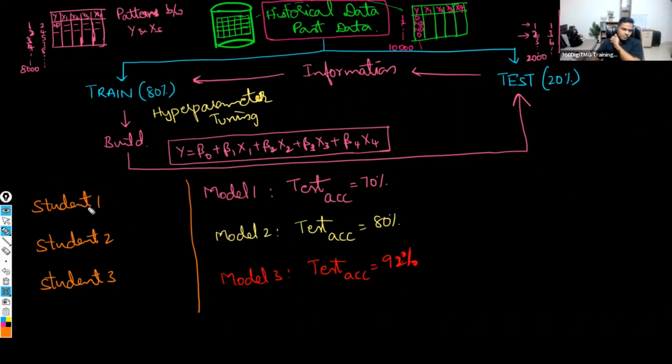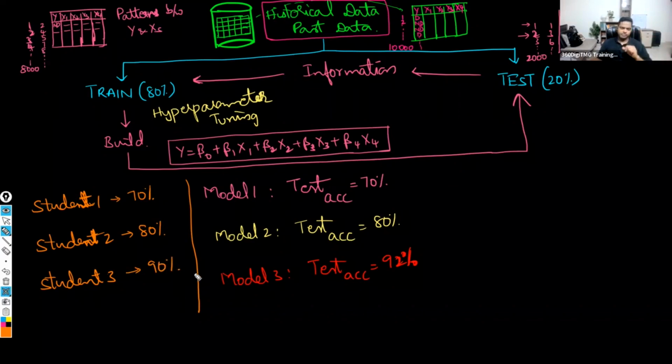Say student 1 has a percentage of 70% in their school. Student 2 gets 80% and student 3 gets 90%.